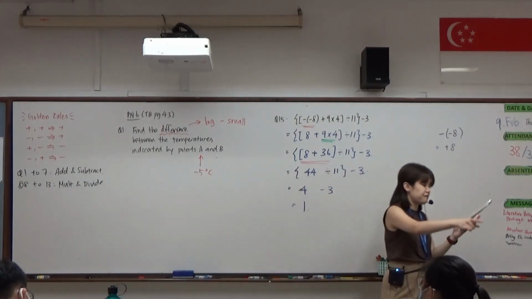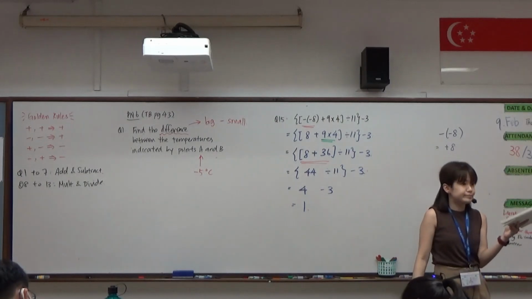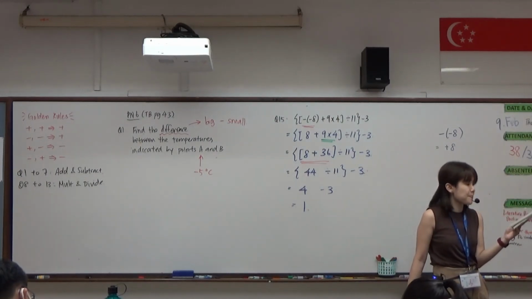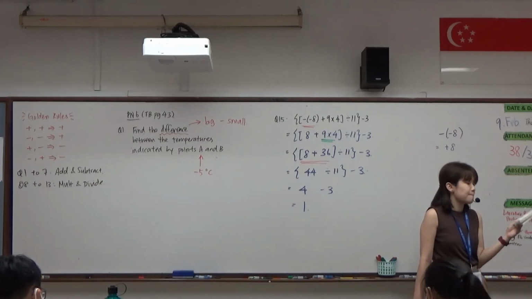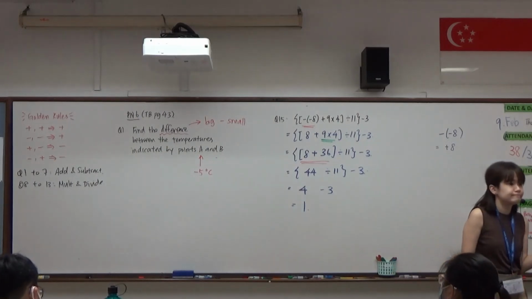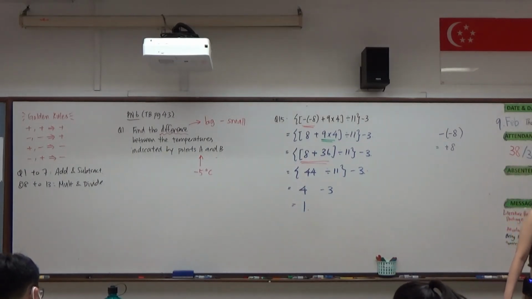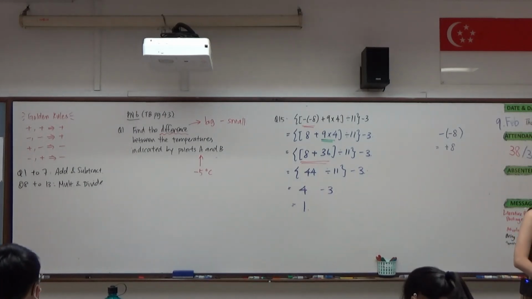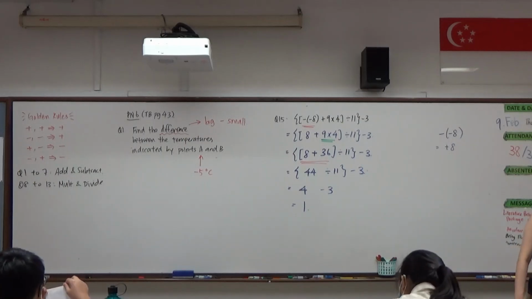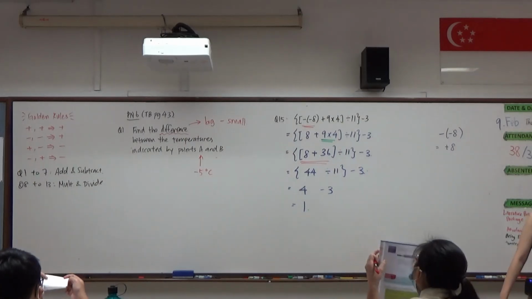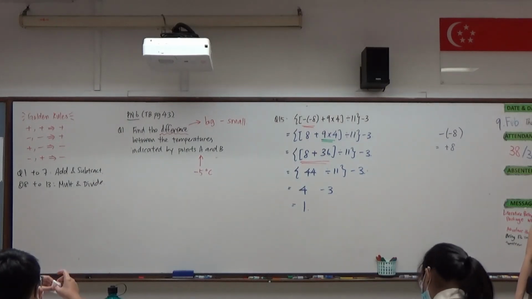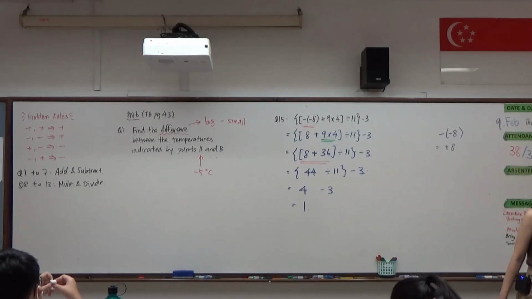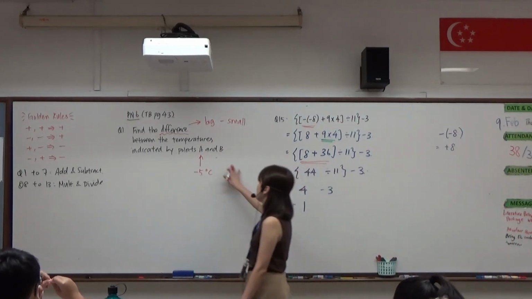What do you read off the thermometer? We're looking at page 43, question 1, practice now 6. 23. So B, we see that it is 23.